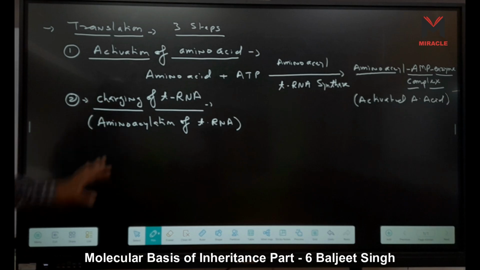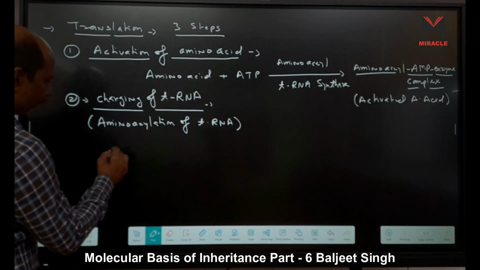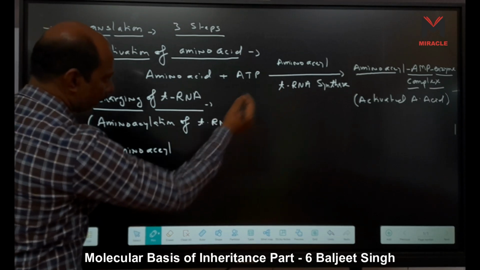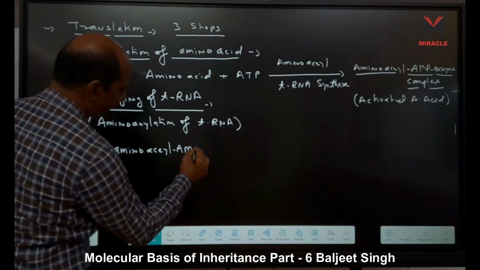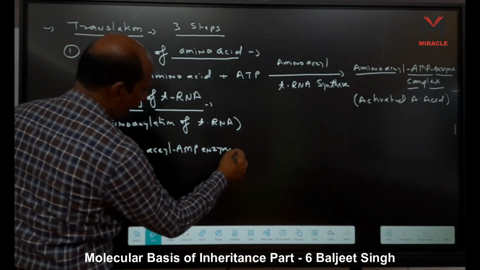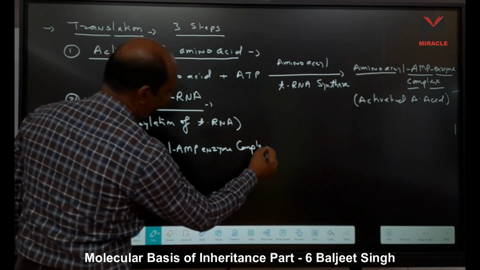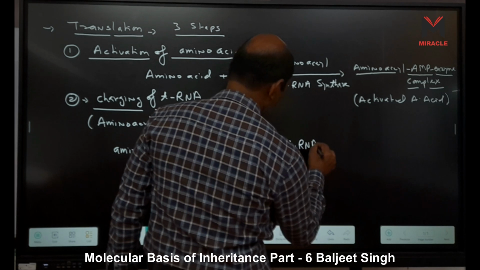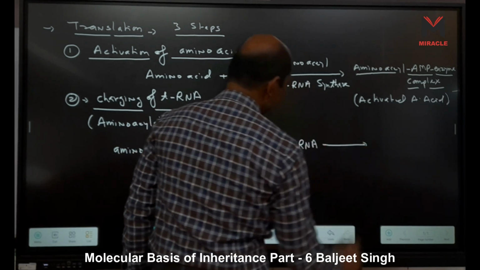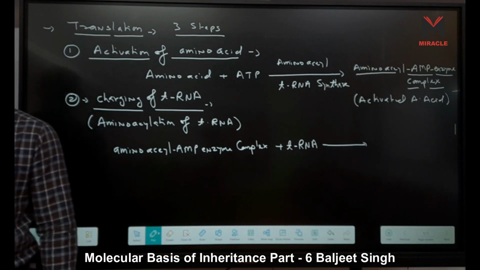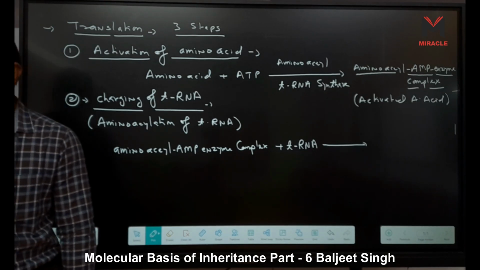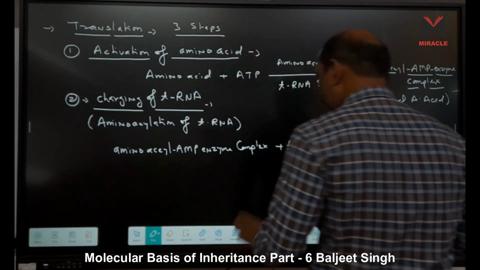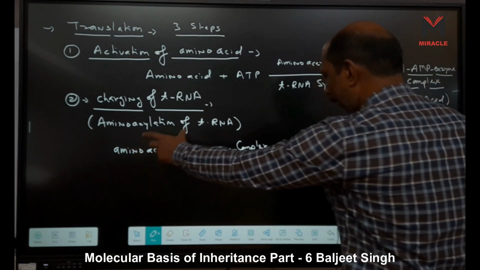So what happens here? We can see here amino acyl AMP enzyme complex plus transfer RNA. Here also the synthetase enzyme is used. Then what happens? The amino acyl tRNA complex forms. Now this amino acid is attached to this transfer RNA.